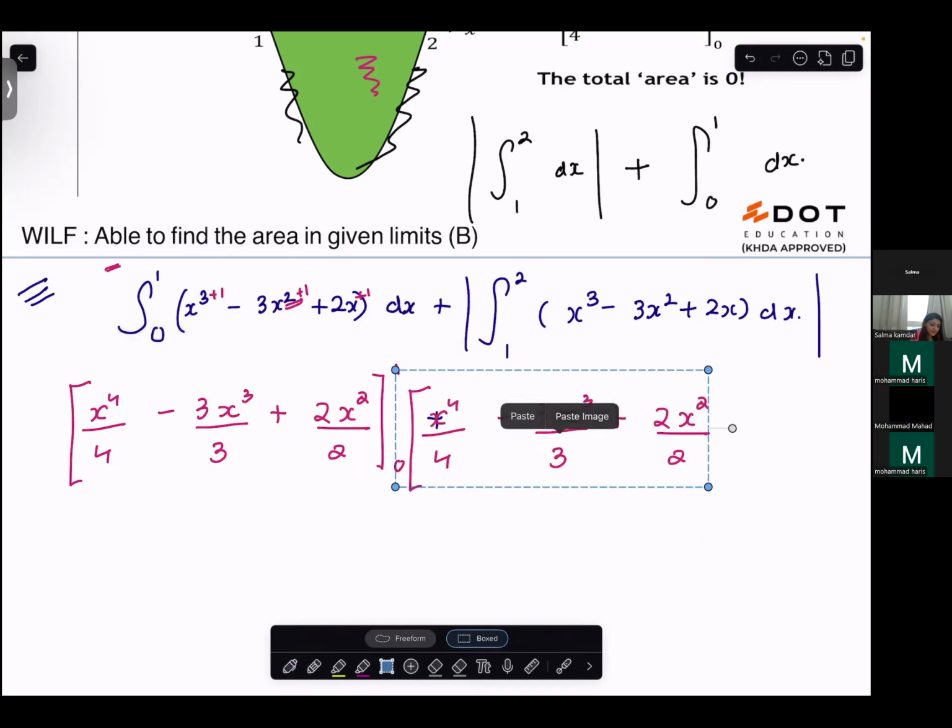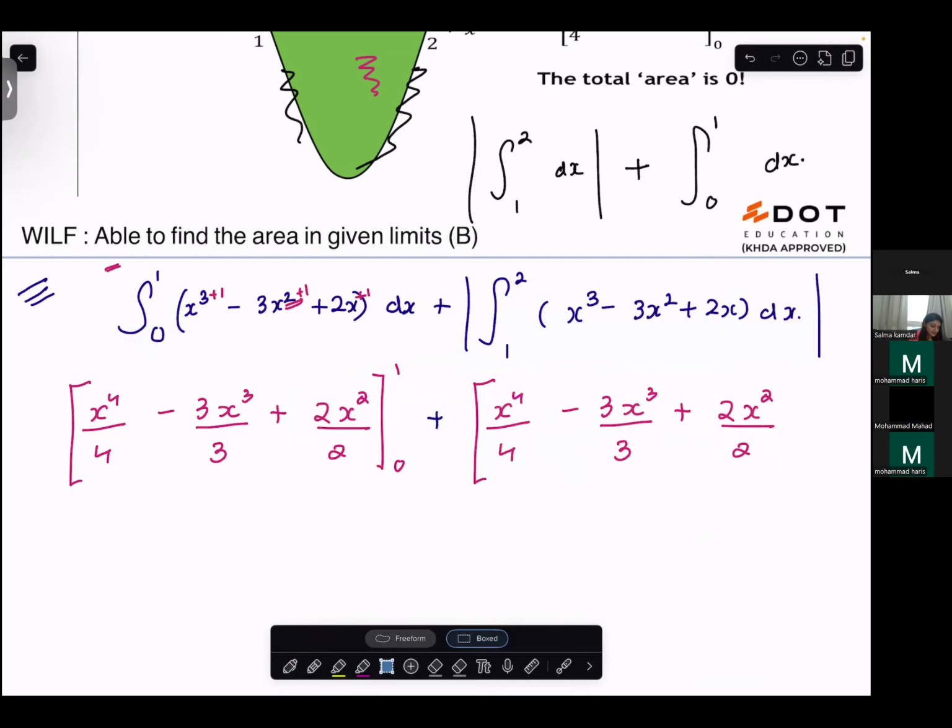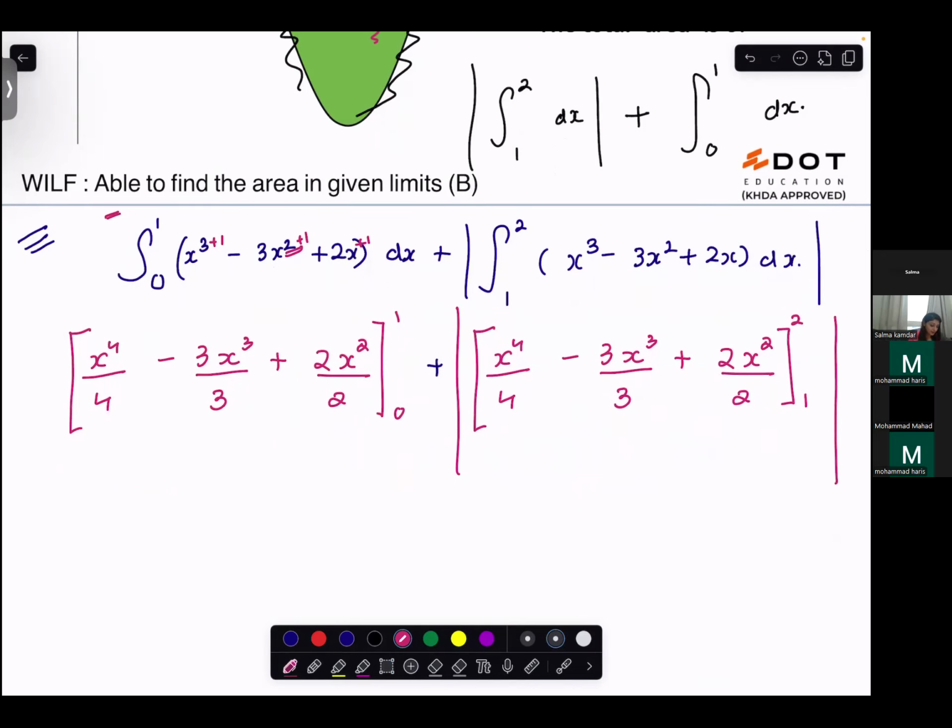Plus I will do the same bracket. When I'm integrating it, I'm going to get the same answer, but now this is going to be the modulus, between 2 and 1. Are you with me? After you do this step, you will write 1 by 4 x to the 4 minus x cubed plus x squared between 1 and 0.